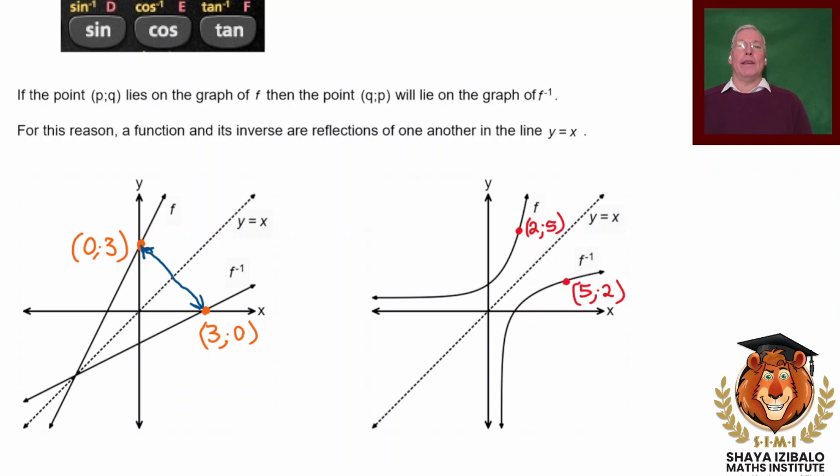Okay, and what you'll see again is a reflection across the line y equals x. This line over here, y equals x. A function and its inverse are always reflections of one another around the line y equals x.